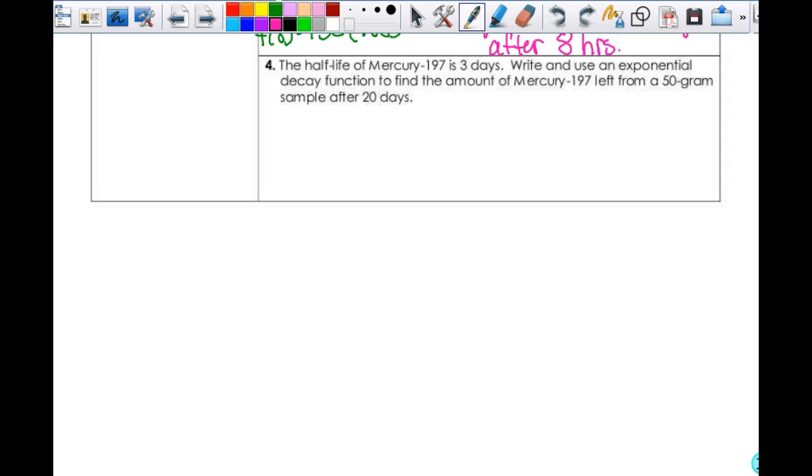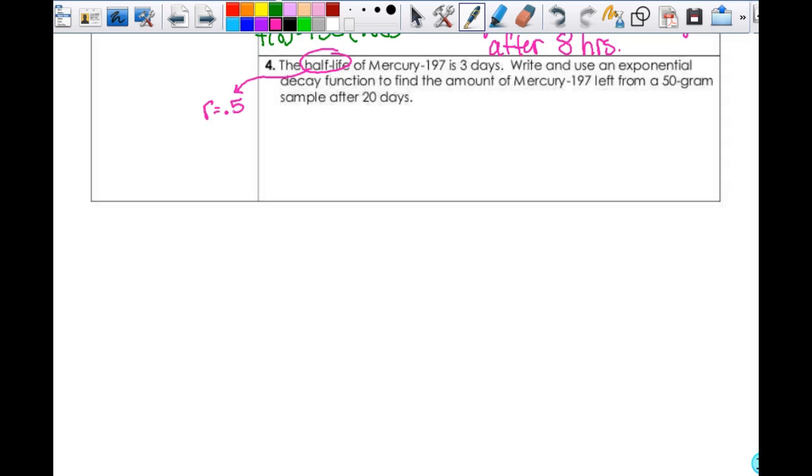Okay, what is your rate here? What is it? 1/2 y. Because it's half-life, right? So you gotta know what half-life is. So half-life tells us that our rate is equal to 0.5, right?